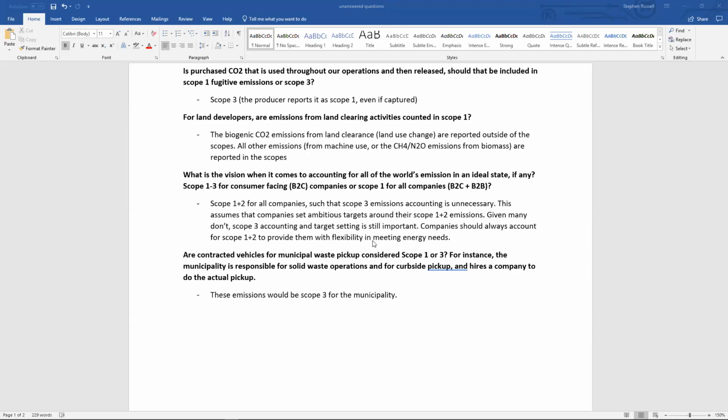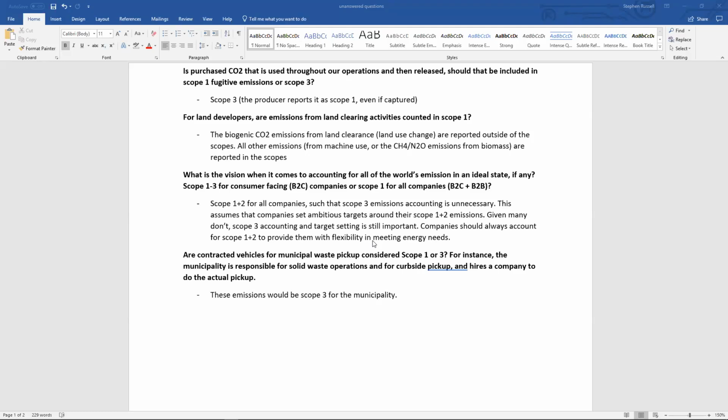Okay. That requirement pertains to the biogenic carbon emissions from all kinds of biomass, including biofuels, but also vegetation on land that has been cleared or land that has undergone land use change. Okay.